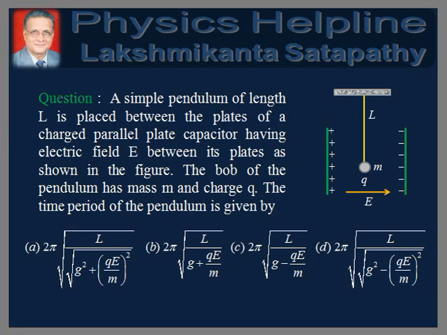The time period of the pendulum is given by, the options are: 2π√(L / √(g² + (qE/m)²)), 2π√(L / (g + qE/m)), 2π√(L / (g − qE/m)), and 2π√(L / √(g² − (qE/m)²)).